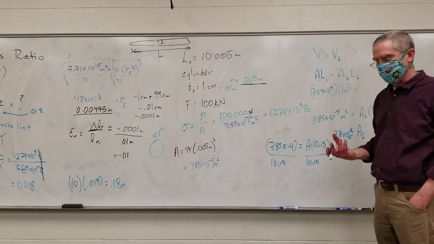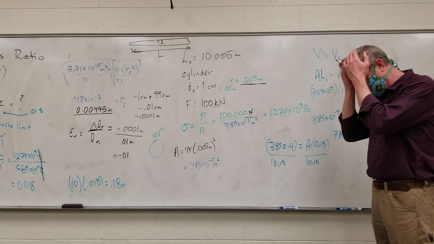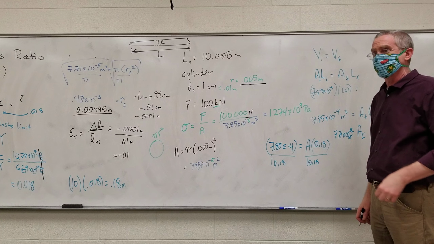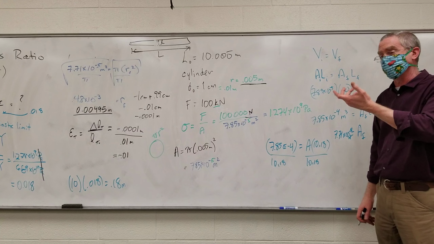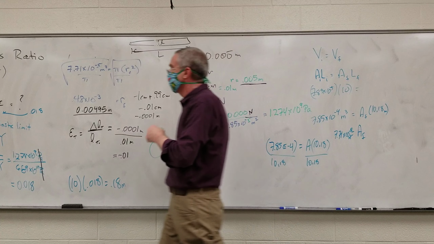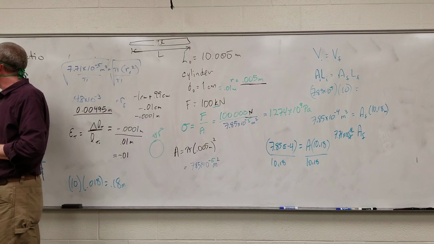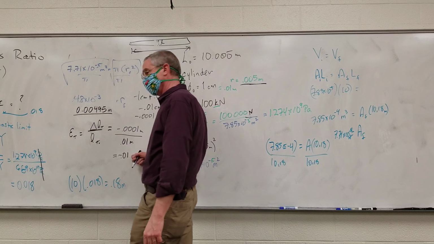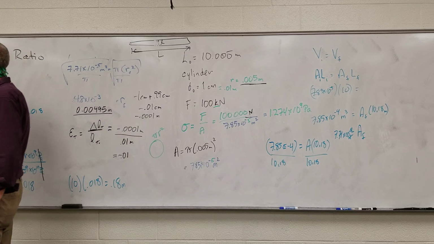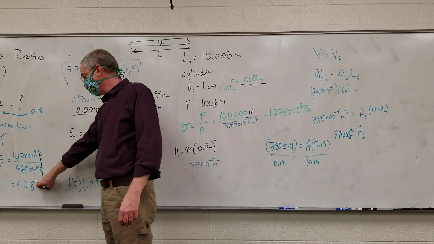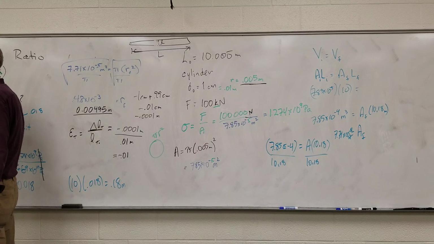We haven't answered the question yet. What was the question? What's Poisson's ratio? We just found the transverse strain, negative .01, divided by the longitudinal strain, .018.